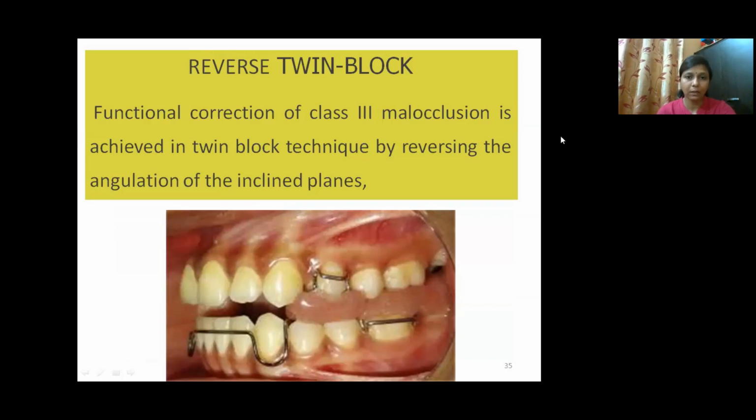This class 3 type of twin block is achieved by reversing the angulation of the inclined plane. Whatever inclination is given in class 2 to correct the class 2 malocclusion is reversed in the class 3 twin block, and it will correct a mild class 3 malocclusion.